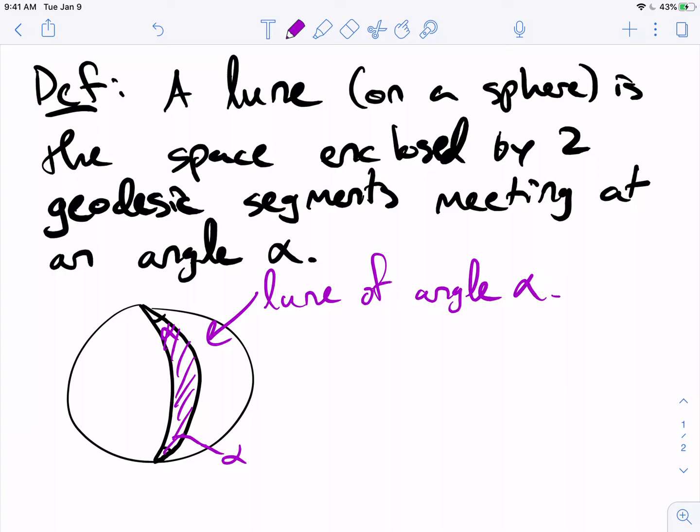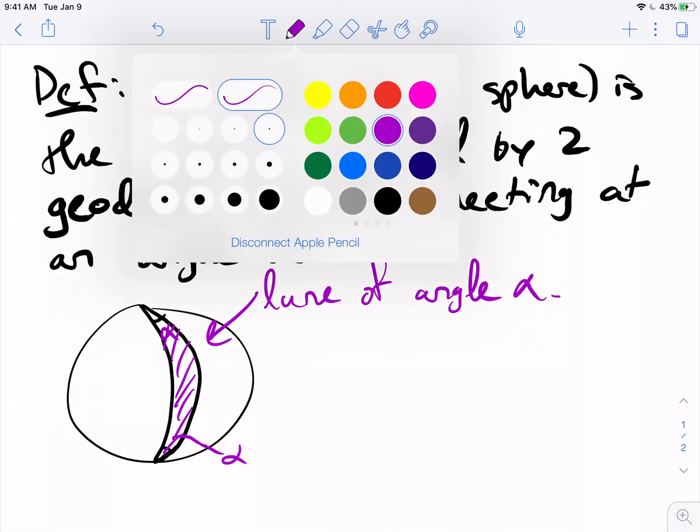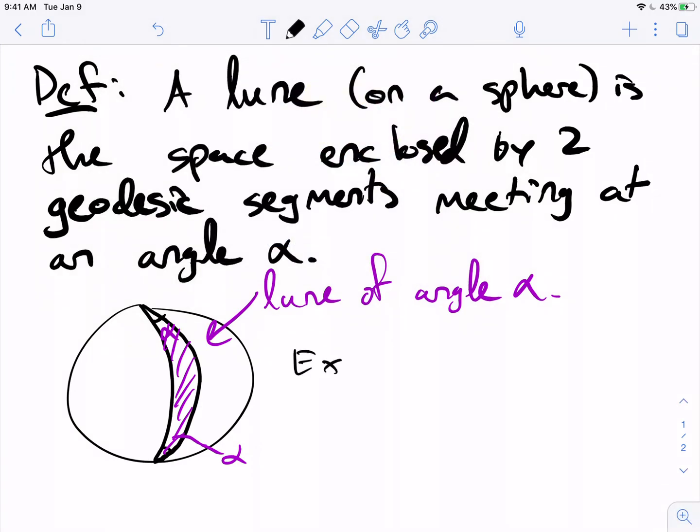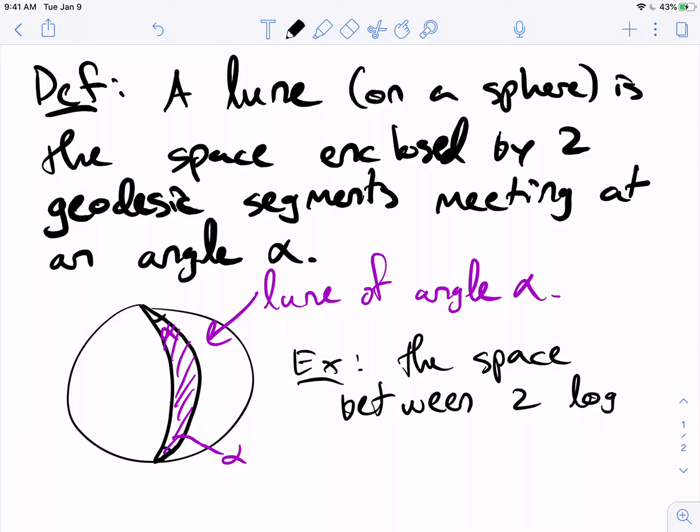Okay, so an example of a lune, the example to have in mind, which is the one I have in this picture, is the space between two longitude lines. But of course, it could be any two geodesics, right?